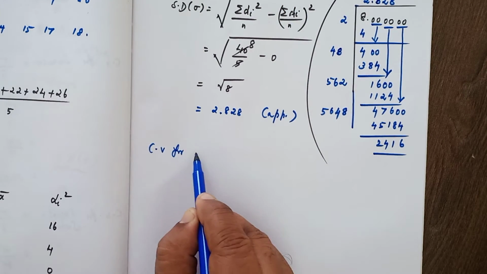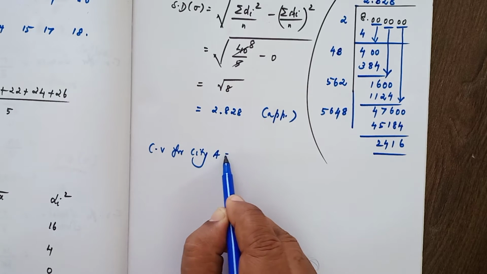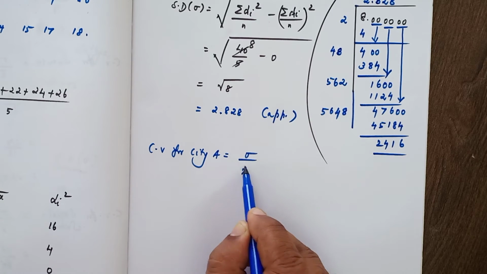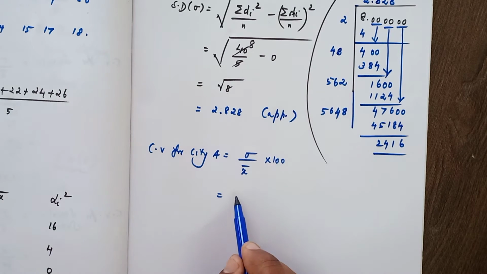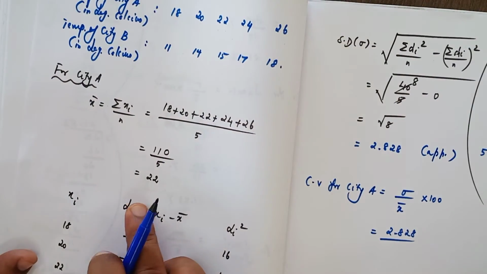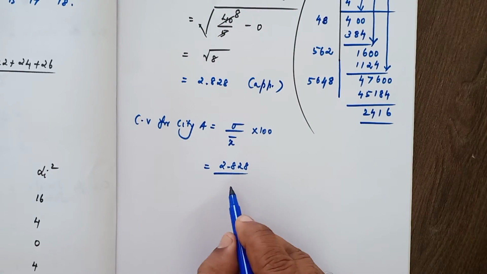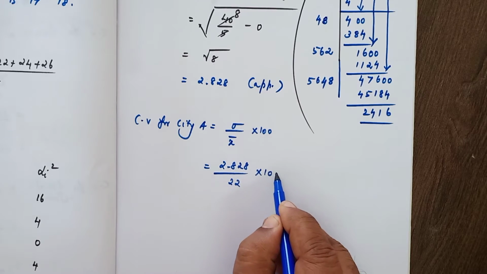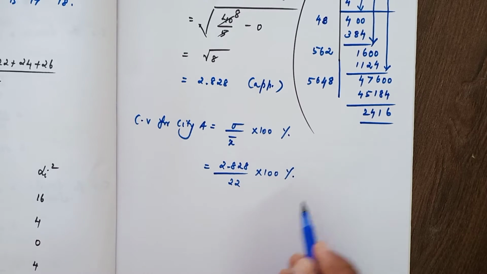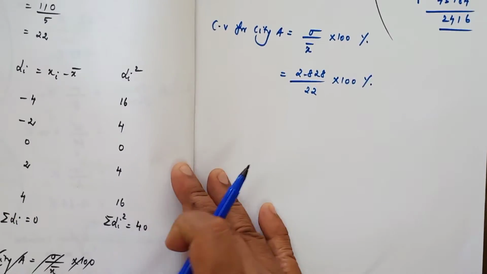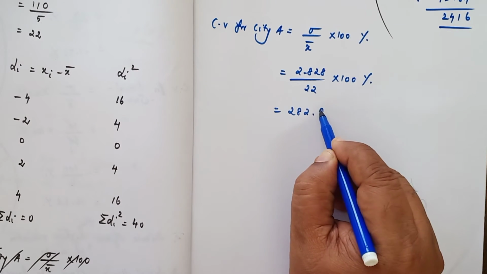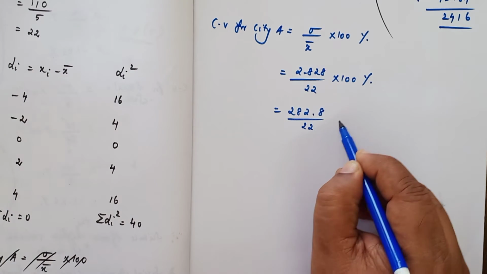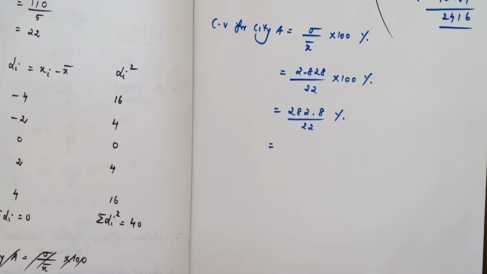Now we can find the coefficient of variation. CV for city A. The formula is sigma divided by x bar into 100. Sigma we got, that is 2.828. X bar is 22, into 100 percent. That equals 2.828 into 100, that is 282.8 divided by 22 percent.